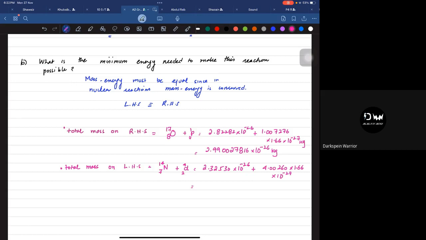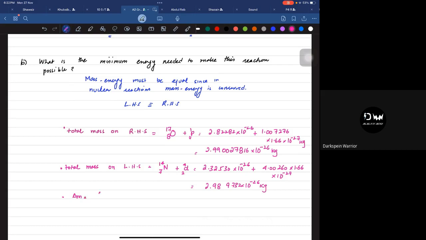And you should expect some answer like this, 2.98973162. You guys can check as well. And then you can basically subtract this to find the change in mass then.